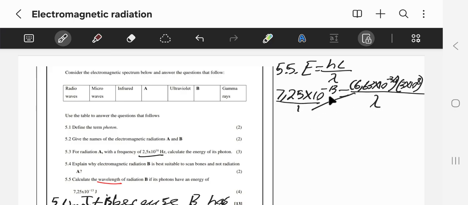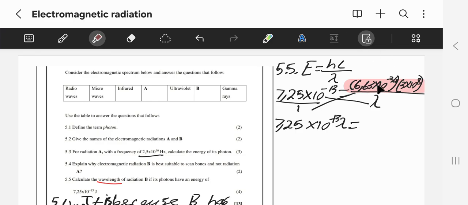We'll cross multiply here. We say wavelength times energy, and that is going to give us 7.25 times 10 to the power of negative 13 lambda is equal to 1 times the speed of light times Planck's constant. So we are going to take this whole thing and put it on the calculator as it is, and we'll get our answer there.